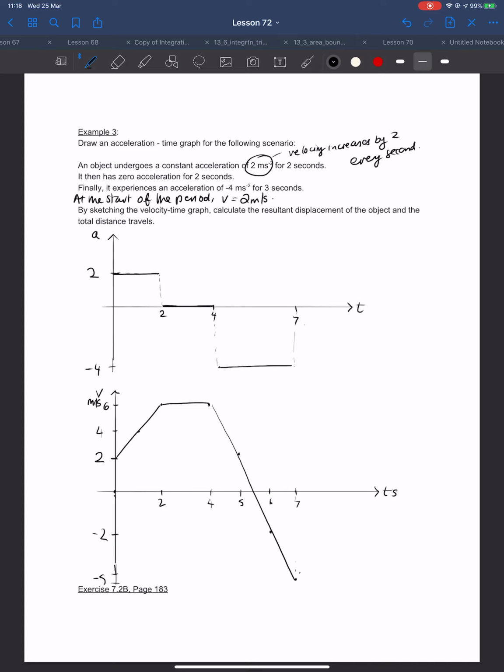Calculate the resulting displacement of the object and the total distance travelled. So what we need to do is work out the area underneath the shapes of this graph. And that's -5 there.